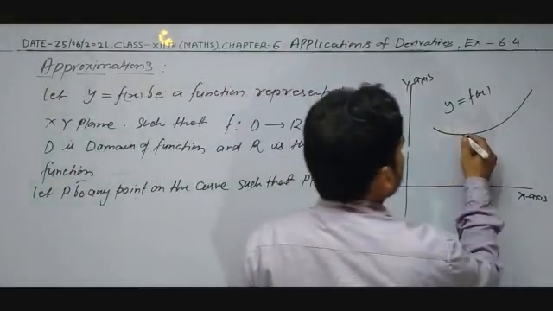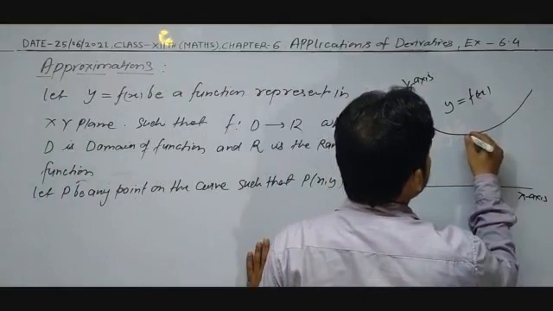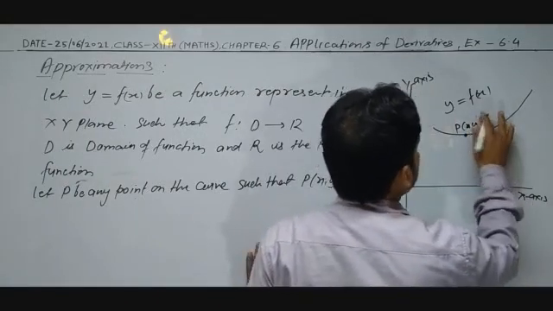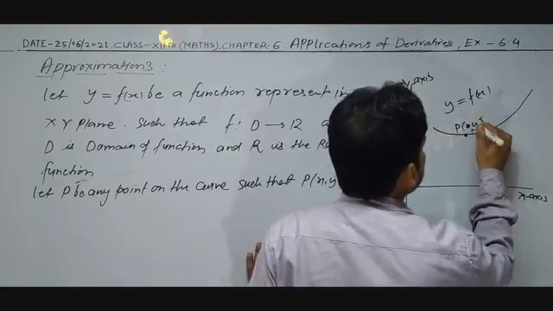So P is the position of the point, having coordinates x comma y, as shown in the graph.